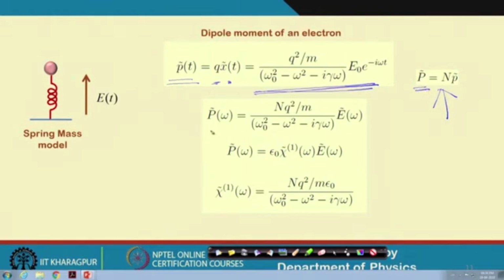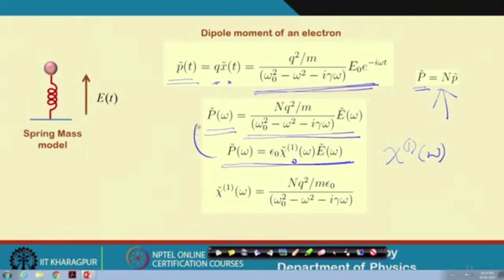So, now P is a function of frequency, as I mentioned, because this omega is sitting here. P is n multiplied by p, so n into this quantity I will have. And in the previous calculation I found that P and E omega are related through our function chi of omega sitting here.